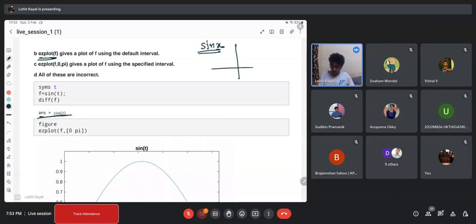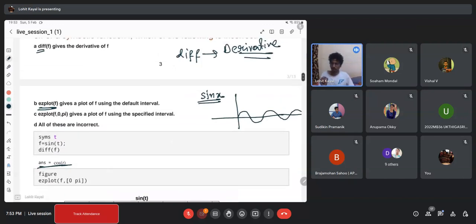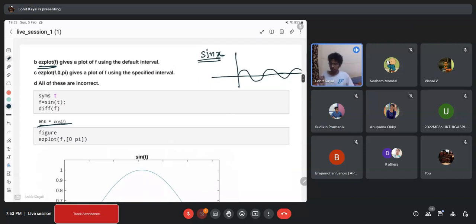If I plot it, it can go from 0 to pi, from 0 to 2 pi, from 0 to 3 pi, anything like that. If I tell MATLAB that I want to stop at pi, then the rest will not appear. MATLAB will show the result only up to this point, and you will only see this curve.